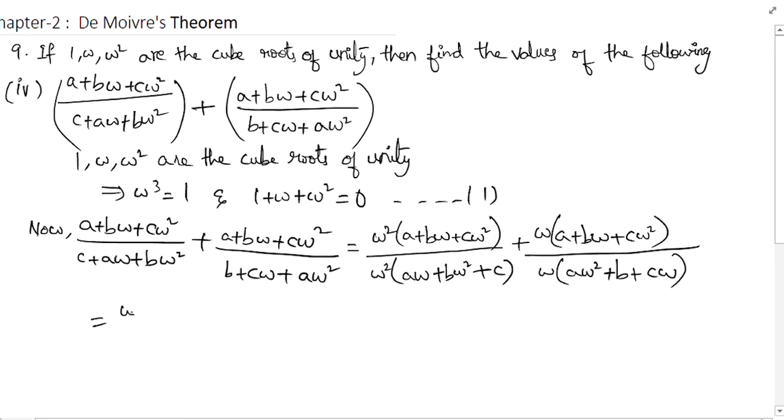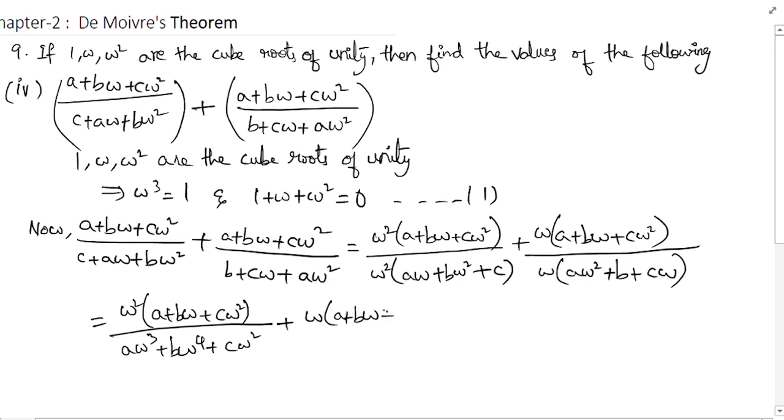So that will be equal to omega square into (a plus b omega plus c omega square) divided by (a omega cube plus b omega to the power 4 plus c omega square), plus omega into (a plus b omega plus c omega square) divided by (a omega cube plus b omega plus c omega square).